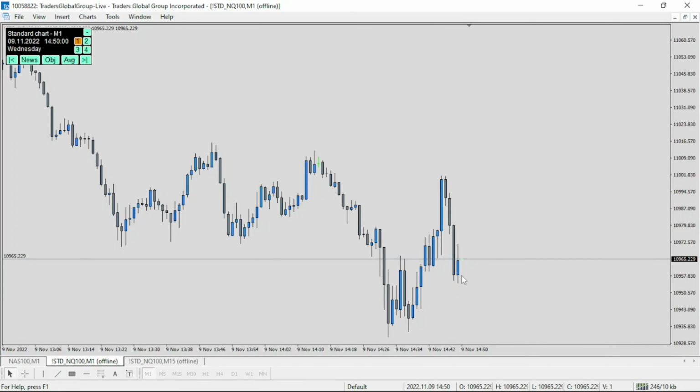Nice impulsive move, right? But this impulsive move did not take out any swing low. And also you can see we had 2 fair value gaps, the higher fair value gap right here and a lower fair value gap right here. Another thing, for the lower fair value gap, we see that candle 2 was bearish, but candle 3 was bullish, so no trade.